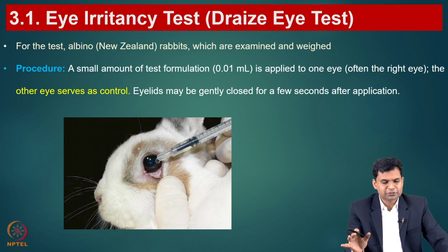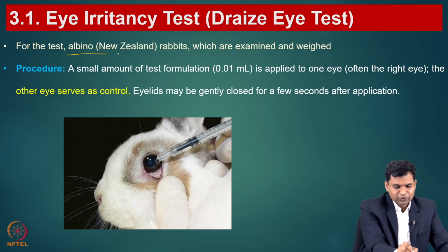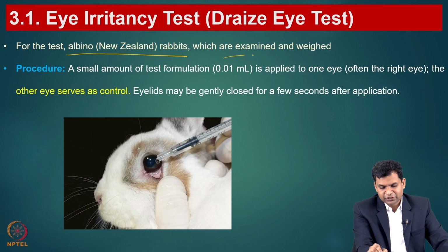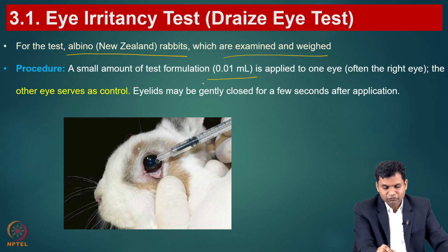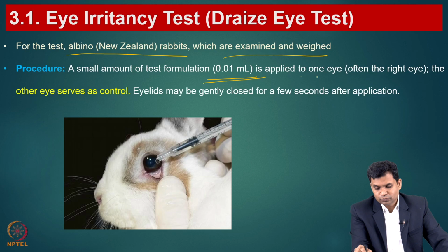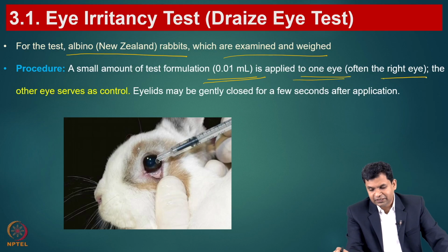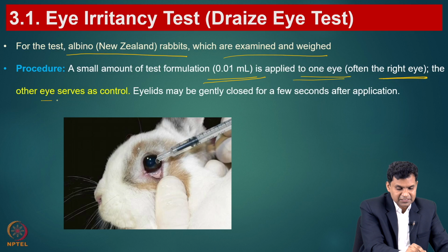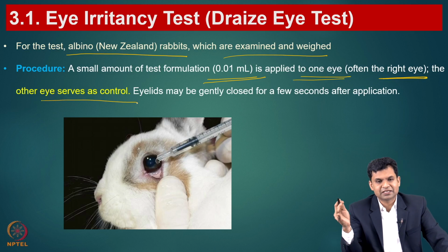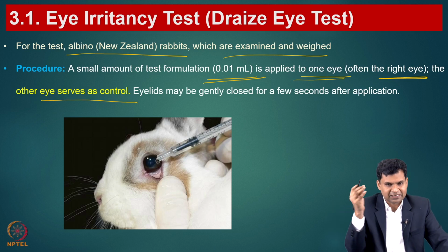Here, in a simple experiment, we will take albino rabbits that need to be examined and weighed, and we need to take a small amount of formulation and apply it on the eye, preferably the right eye, that is the test sample, whereas the other left eye you can keep as a control, you can give some saline.